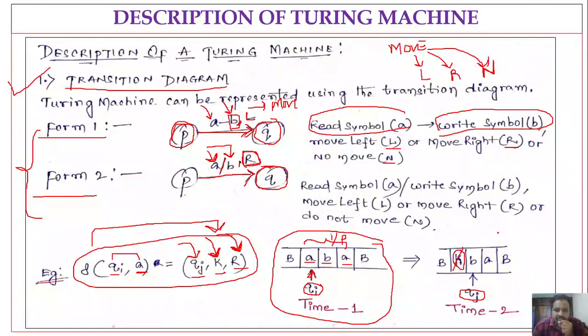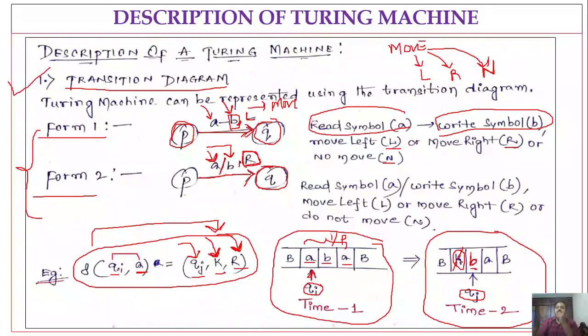So if you see the second part of the diagram, time 2, qj is the state, and the arrow is pointing towards b. And if you consider the preceding cell of small b, it is k. So what it means: we have read a, replaced that a with k, and moved the head towards right.